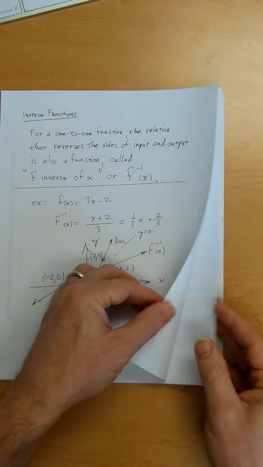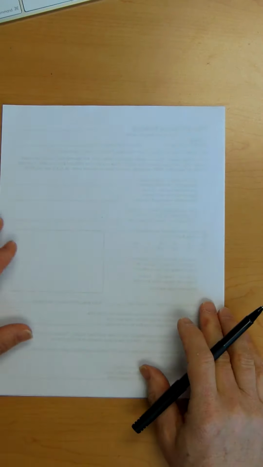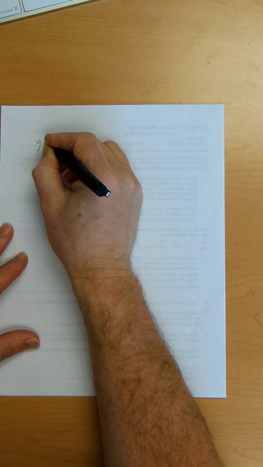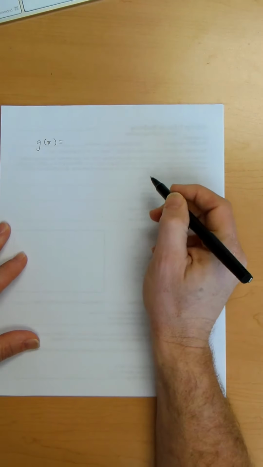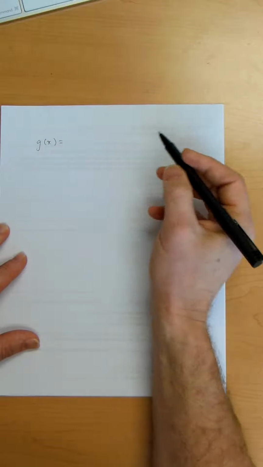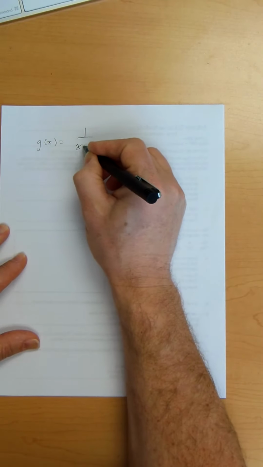A couple other things I need to do with inverses that you're going to hit in the homework. You'll have a lot of examples where you have a function formula, and how about if I use something a little more complicated? Let me look at the function g of x equals 1/(x minus 5).